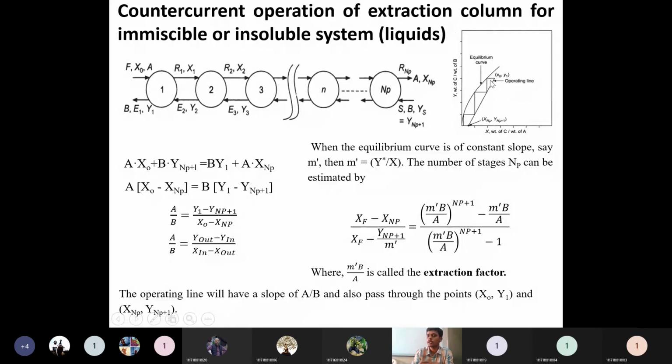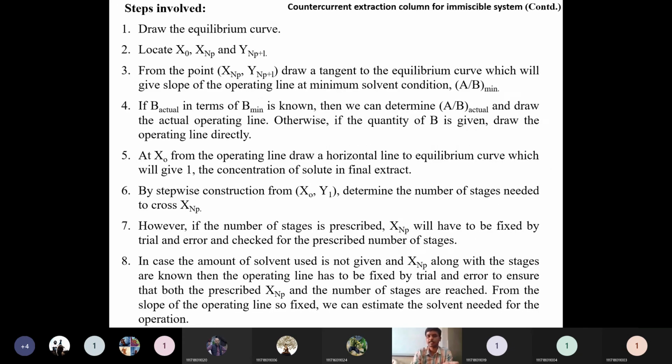After drawing this, take the point horizontally until it touches the equilibrium curve, and vertically until it touches the operating line. In a similar way, construct triangles. From the top, count the triangles 1, 2, 3, 4 like this. After constructing the triangles, you get the number of stages required for that particular extraction operation.